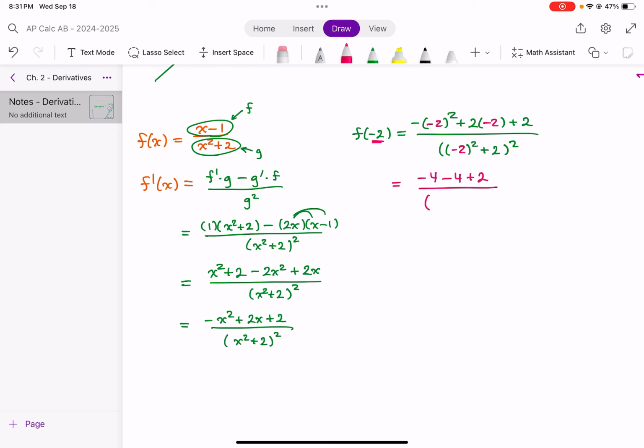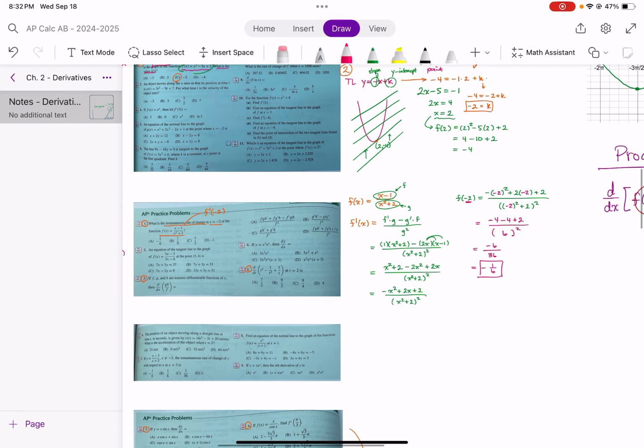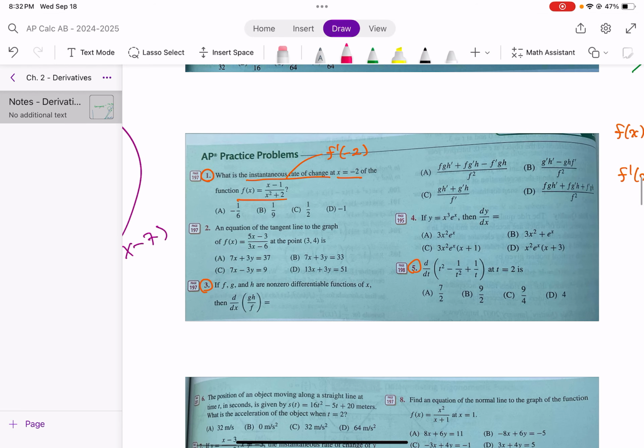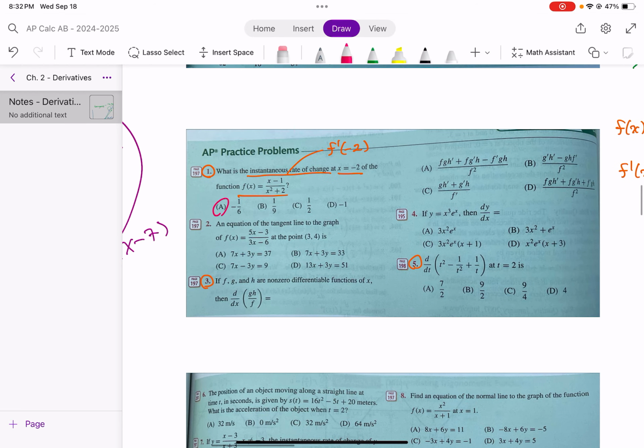Down here, I get 4 plus 2 is 6, all squared. So let's keep going. -8 plus 2 is -6 divided by 36. So this is -1/6. Is that an answer? Yes, it is. Answer choice A. Awesome.